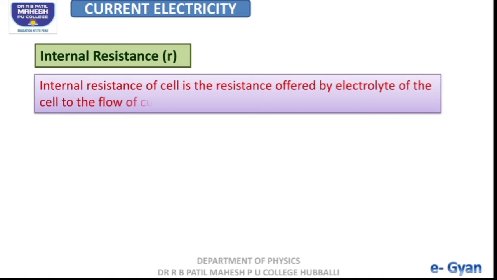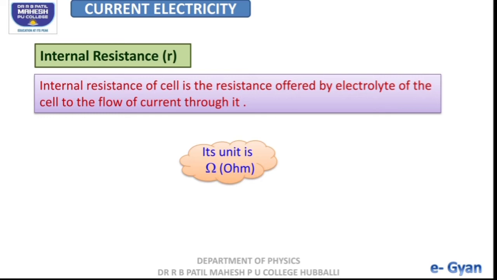Internal resistance of a cell is the resistance offered by the electrolyte of the cell to the flow of current through it. Its unit is ohm.